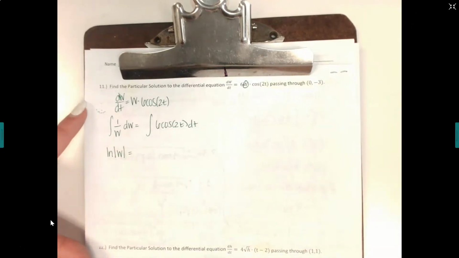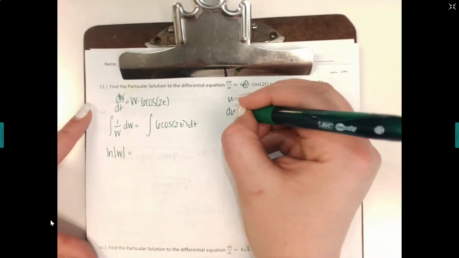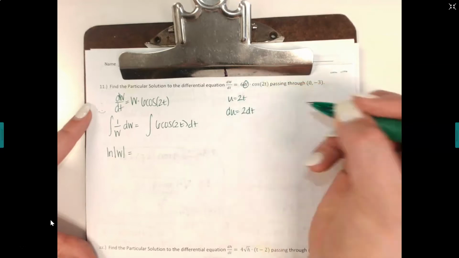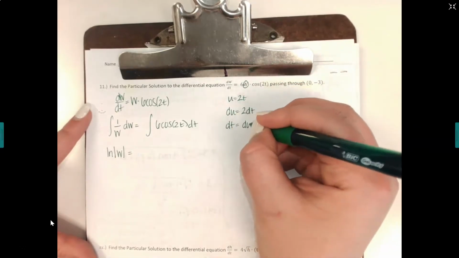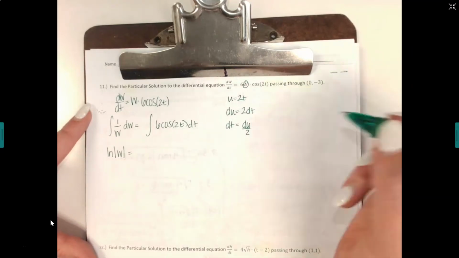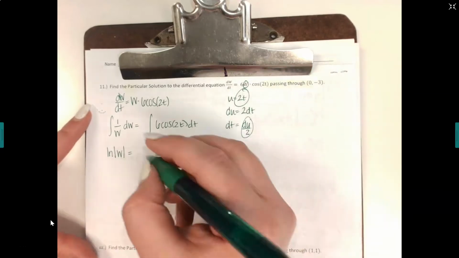And then on the other side, what will I choose as my u? 2t. u is 2t. Then du is 2 dt. Then dt is du over 2. And then I'm going to take my du over 2 and my u, plug them in and do u substitution.